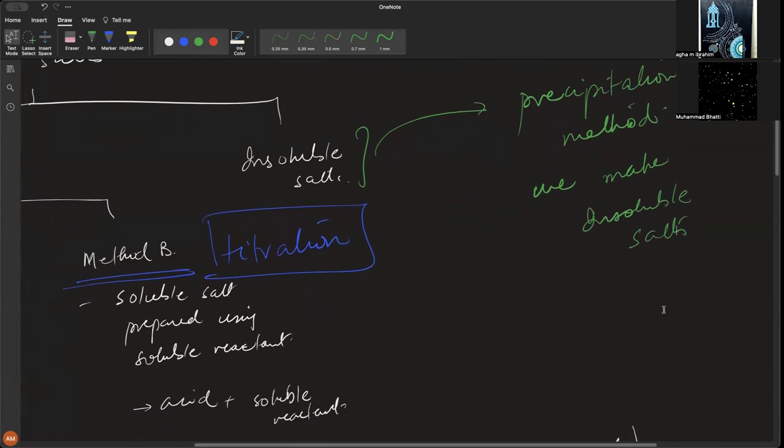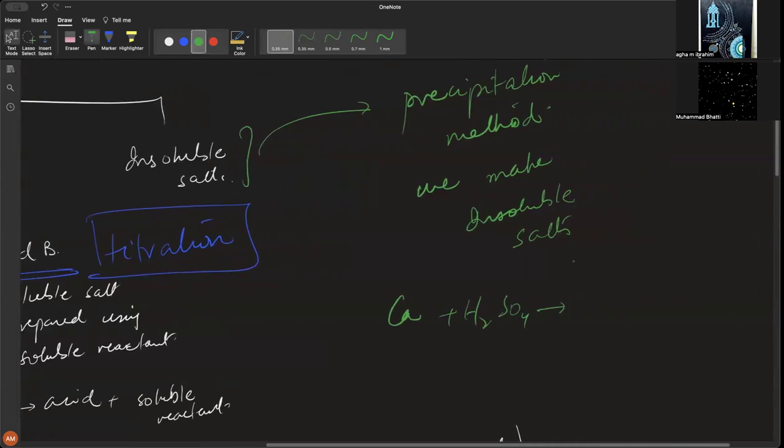We know that certain types of carbonates are insoluble, certain types of sulfates are insoluble, like calcium and barium sulfates are insoluble. So if you're going to be reacting calcium with sulfuric acid, you're going to get a precipitate, calcium sulfate.